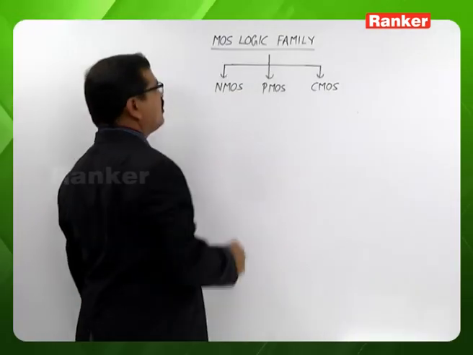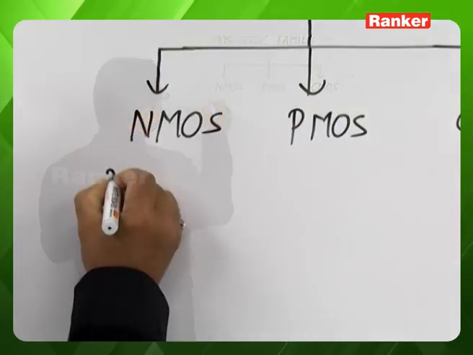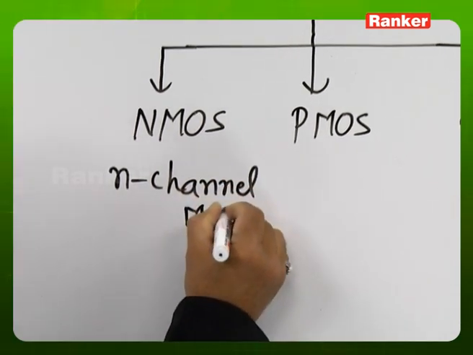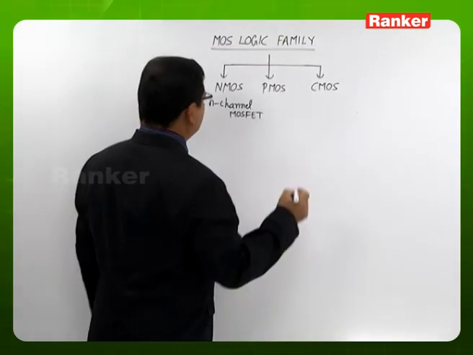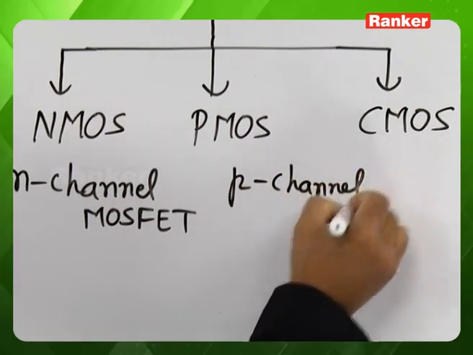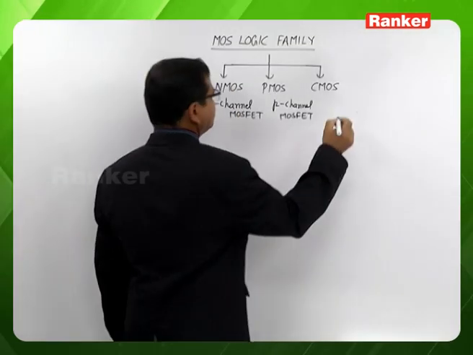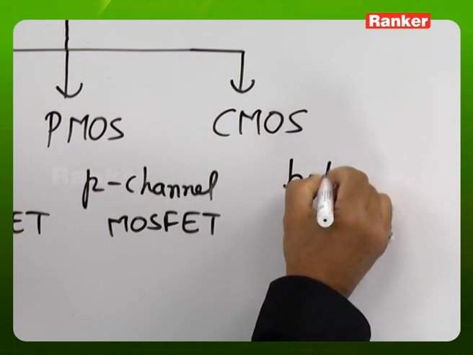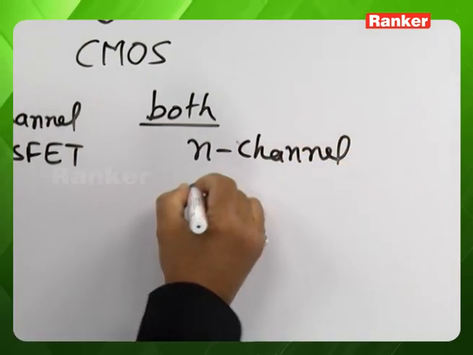In the NMOS Logic Family, we use N-channel MOSFETs. Whereas in the PMOS Logic Families, we use P-channel MOSFETs. In the case of CMOS, we use both N-channel and P-channel MOSFETs.